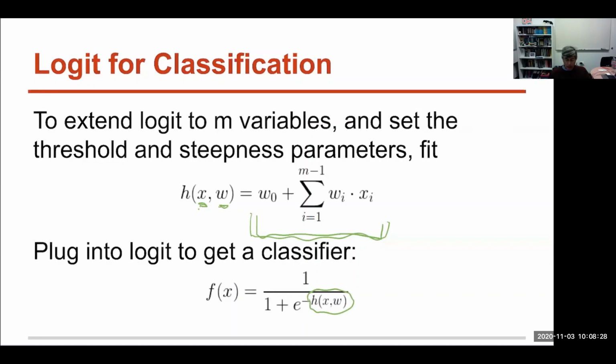Once we have these coefficients, we can take our input parameters for everything else. This will map it to a score. The logit function will map that score to a probability. And so in logistic regression, we want to try to find what are the best coefficients here, so that we get as accurate a classification model as we can. Any questions?